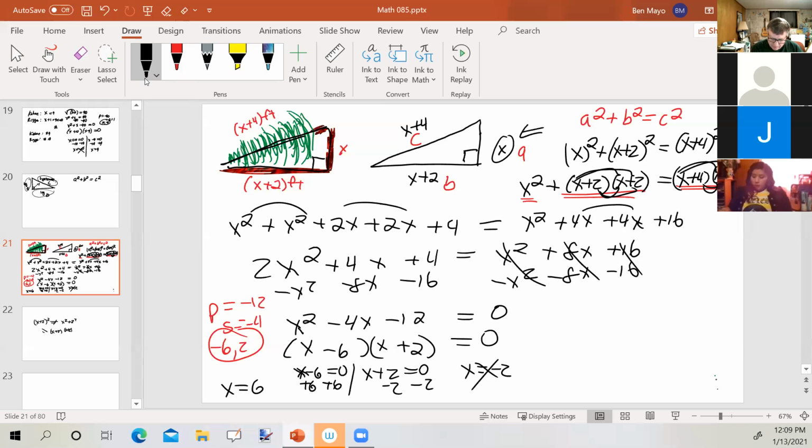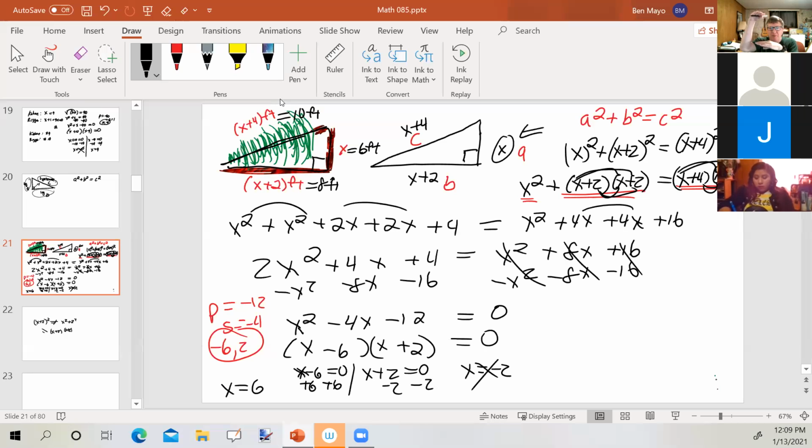All right. If x is 6, then going back up to the tree, this would be 6 feet. X plus 4 would be 6 plus 4, which would be 10 feet. And x plus 2 would be 6 plus 2, which would be 8 feet.